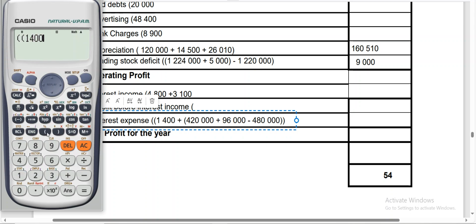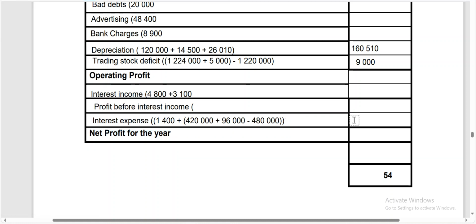So remember, it's 1.4 plus, then I open my bracket, 420,000 plus 96,000, and then I minus 480,000, and then I close my bracket. Whatever you do here will give you the total for those two items. Then it's going to give me a worked out answer of 36,000, and I'm going to put it in brackets here, 36,000. Okay, so remember there are marks for showing the workings, so you must show those workings.